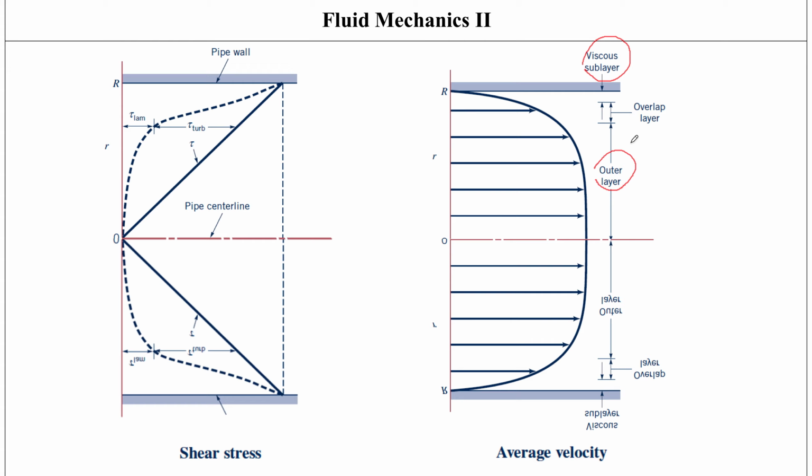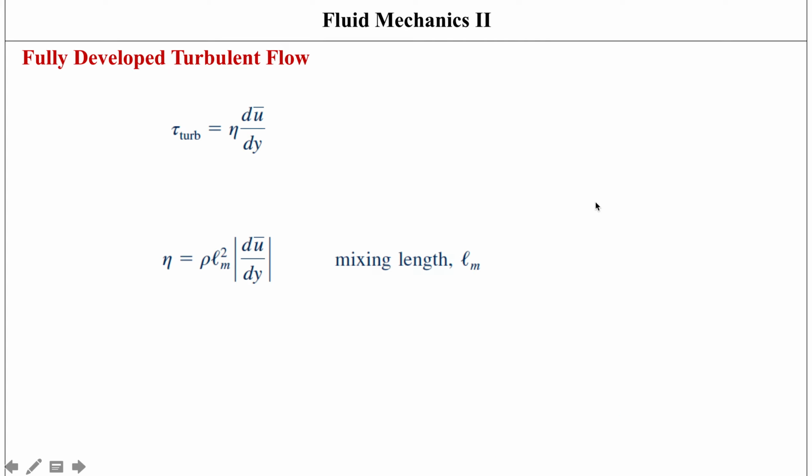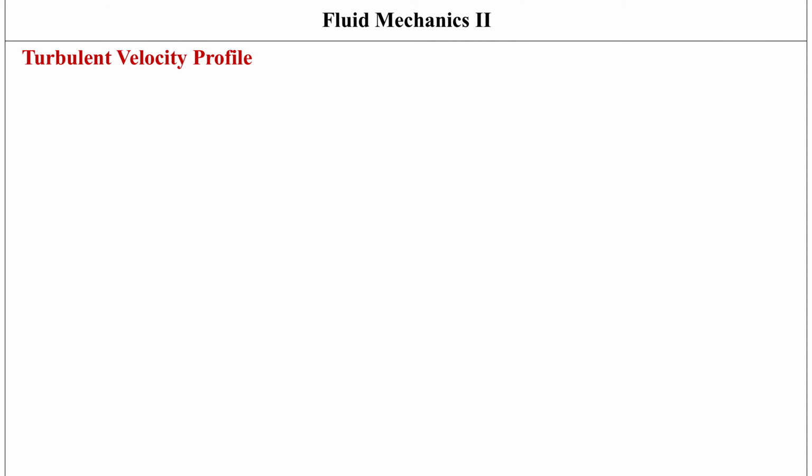No general useful model, but different kinds of models exist that can give us different kinds of approximations to find out highly accurate solutions. Okay, so just moving on from this now, I'm going to talk about the turbulent velocity profile.